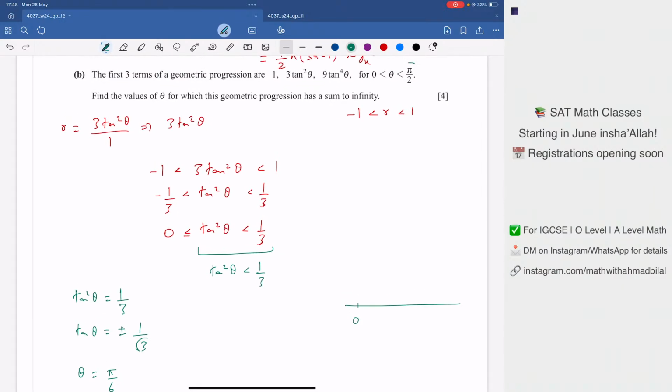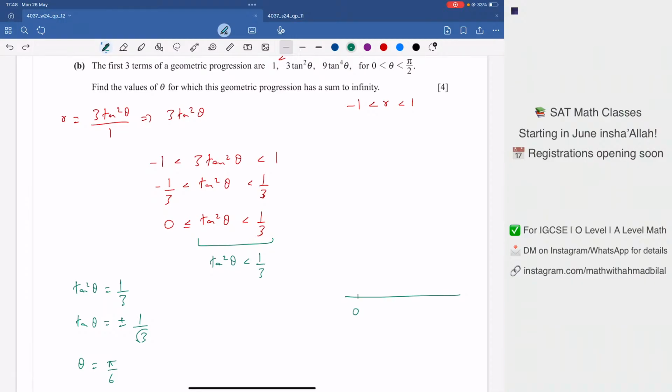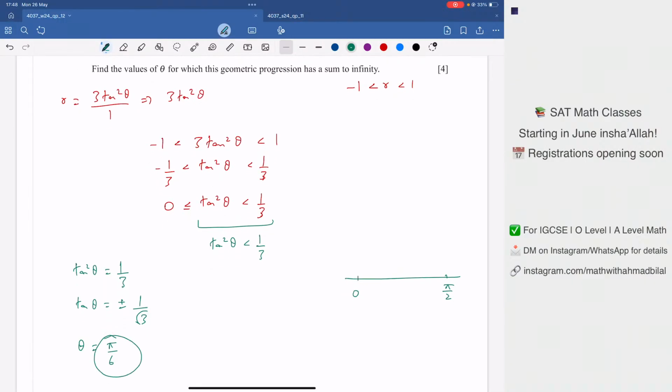One end point in this interval is 0. The other is pi/2. And this is a cutoff point. This is a critical point that we're having. That's pi/6. Let's mark that somewhere here. This is pi/6. Now, this is the point that is dividing your number line into multiple regions. One region on the left side, one region on the right side. You have to check both of these regions and see which region satisfies, which region does not.